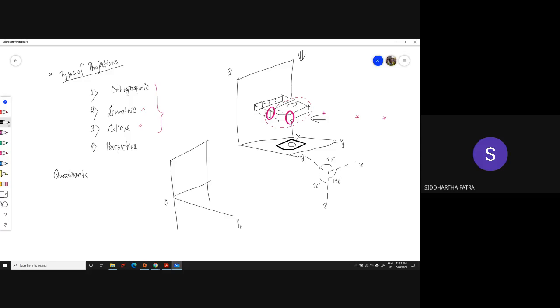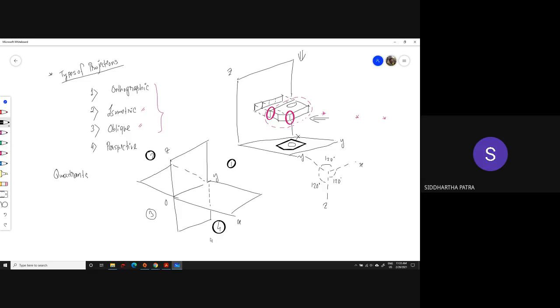If this is the origin, this is the x axis, this is the y axis, and this is the z axis. With the help of the x and z axes, we can divide the space into four quadrants. This is the first quadrant, where both x and z coordinates are positive. This is the second quadrant, this is the third quadrant, and this is the fourth quadrant.